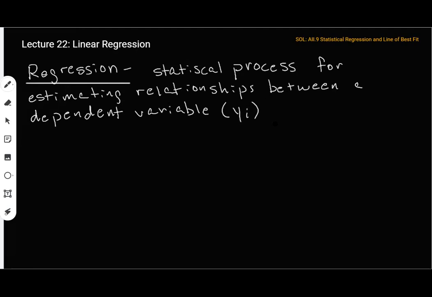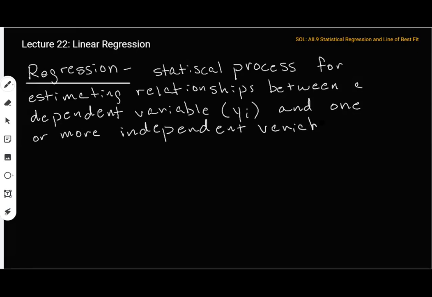Y is typically the dependent variable. And we're going to be comparing and contrasting that with the independent variable, so one or more independent variables. And the independent variable is going to be xi.